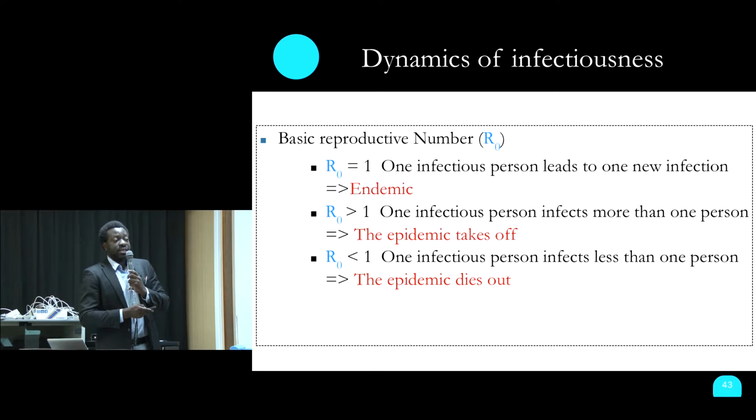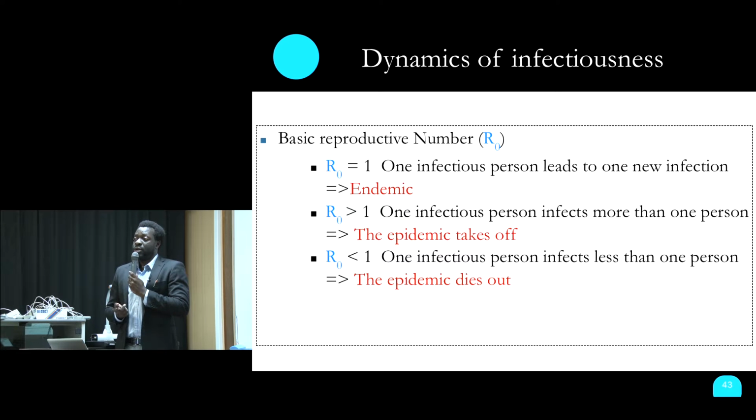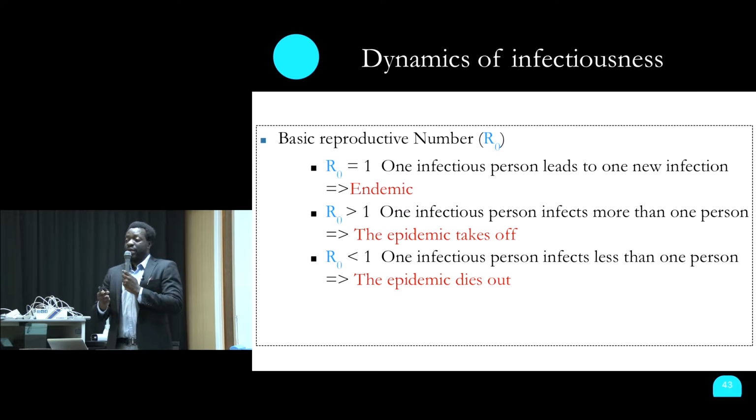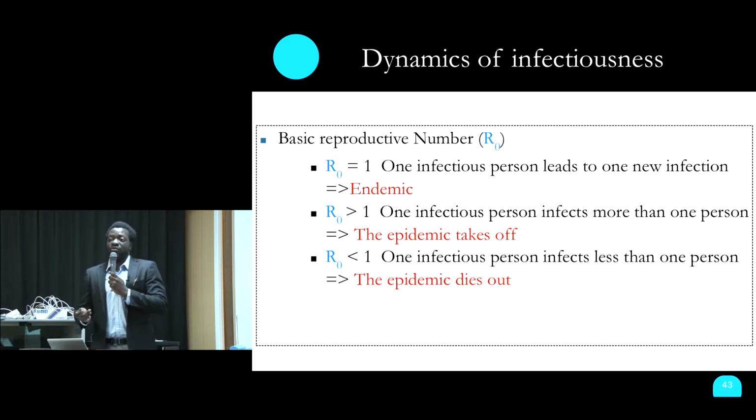When R naught is more than 1, it means that one infectious person can transmit infection to more than one person. In this condition, we can have an epidemic because more and more people will be infected and then become infectious. When R naught is less than 1, one infectious person transmits to less than one person, so we have a possibility of seeing the epidemic dying off.